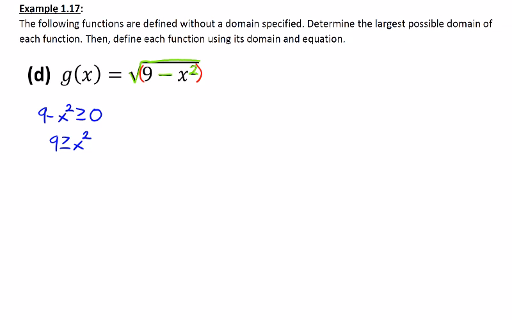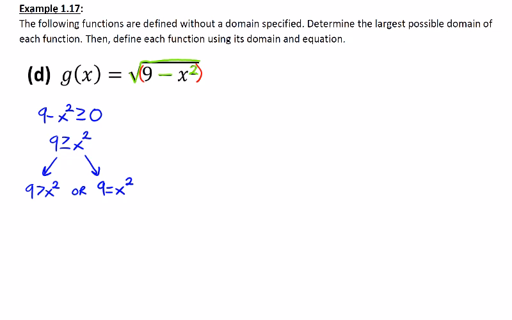Here's what I mean. I can take the greater than and I can make that a simple statement. 9 is greater than x squared. Or 9 could be equal to x squared. So I'm able to get both of those statements from the greater than or equal to symbol.